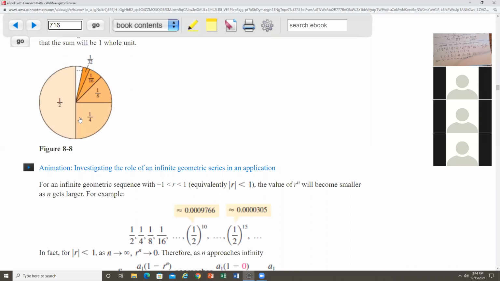Here's a piece of size 1/2. I have 1/2 and I get 1/4. 1/2 of 1/4 is 1/8. 1/2 of 1/8 is 1/16. 1/2 of 1/16 is a slice that's even smaller, 1/32. 1/2 of 1/32 would be a slice that's even smaller, 1/64. Half of 1/64 would be a slice that's even smaller, 1/128, etc., etc.